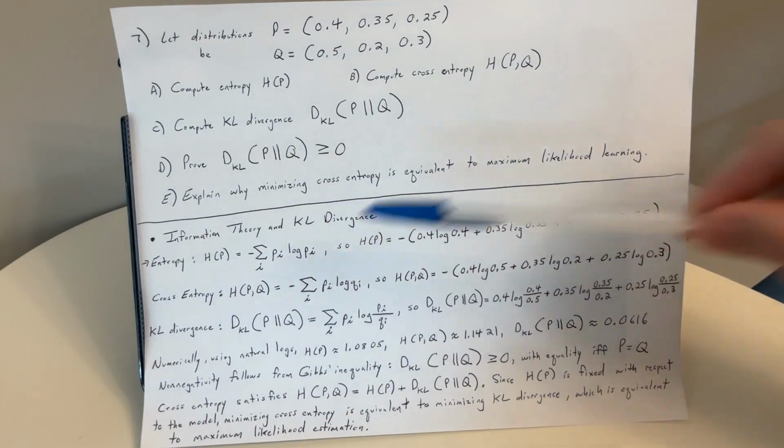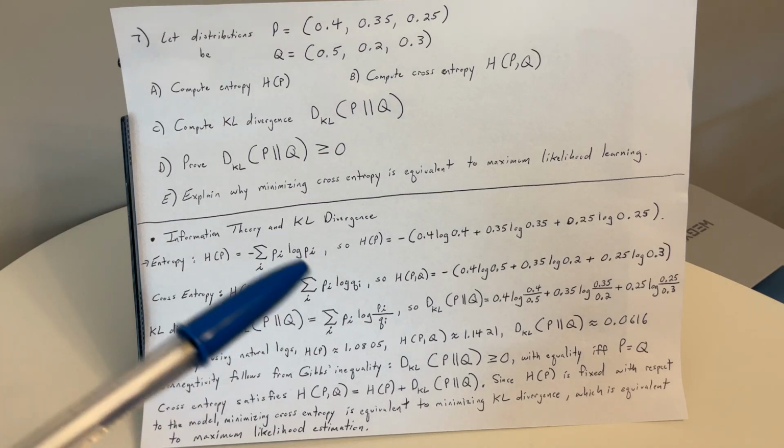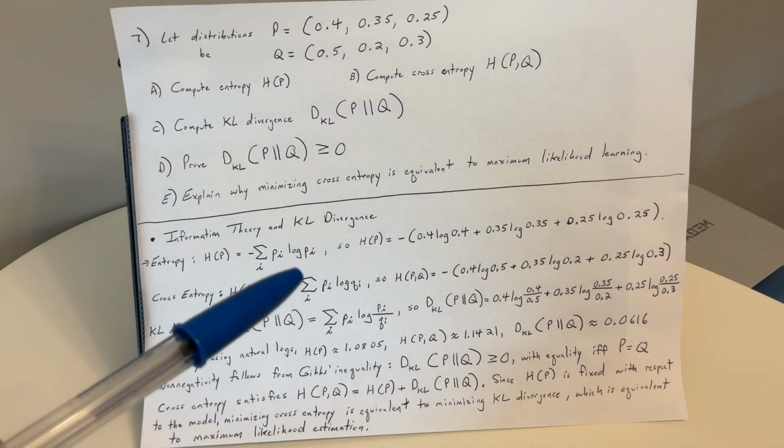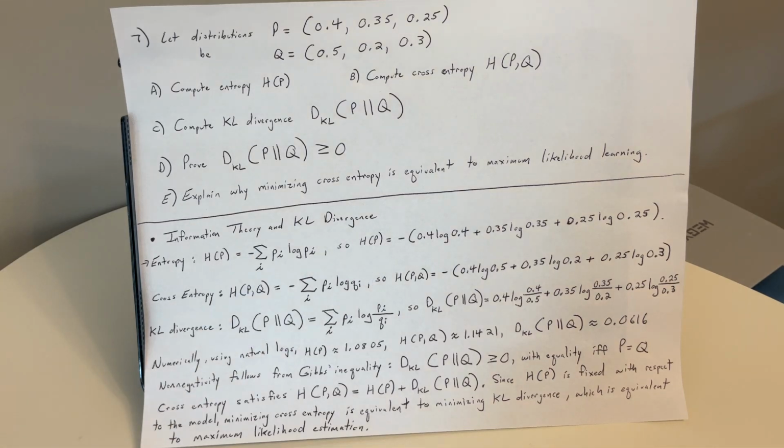Now from here we get the cross entropy, and that's going to equal negative the sum over i of p sub i log q sub i. So this cross entropy equals negative the quantity 0.4 log 0.5 plus 0.35 log 0.2 plus 0.25 log 0.3.